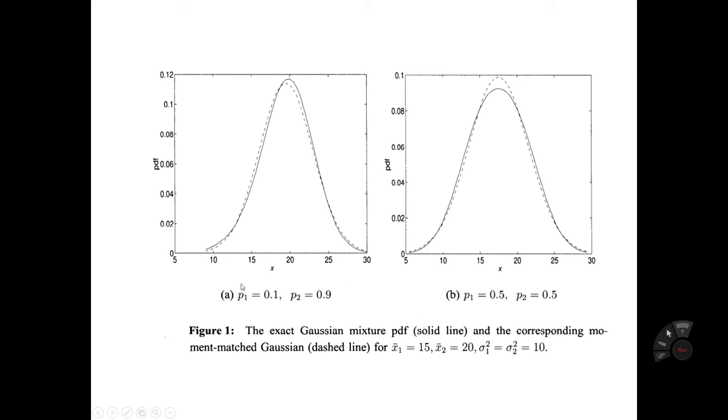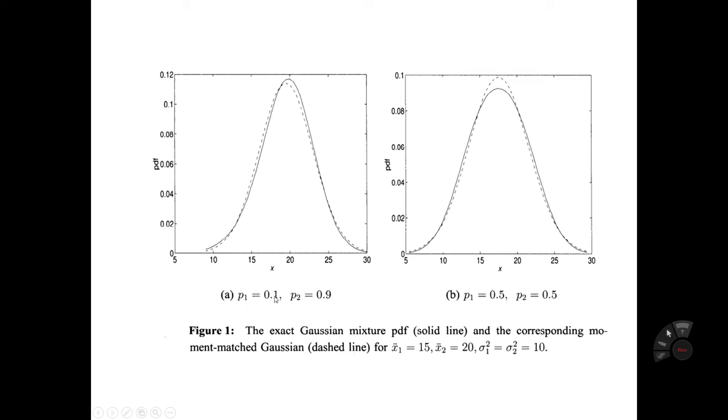Now suppose we are calculating for the mean x1 equal to 15 and x2 equal to 20, and the variances are both the same value, 10. Now we can say that the solid line exactly matches the dashed line. The dashed line is calculated by 5 and 8 in both figures.